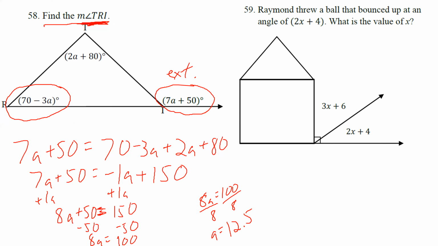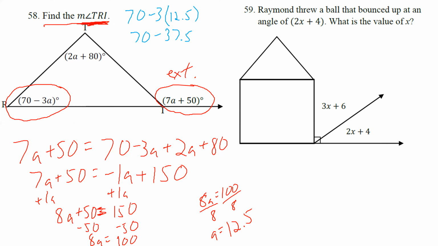All right, so let's do this other part of the work up top. Change my pen just so you can tell it's different. 70 minus 3 times 12.5. 70 minus 3 times 12.5 is going to give us, let's see, 37.5.